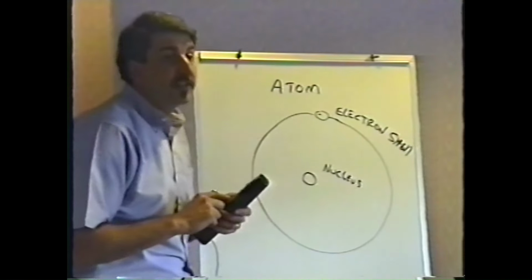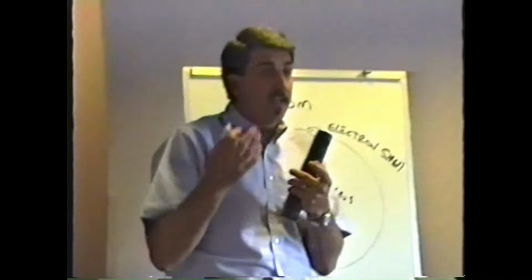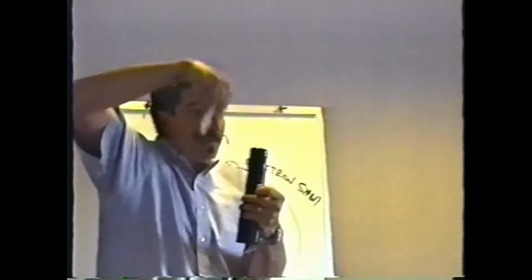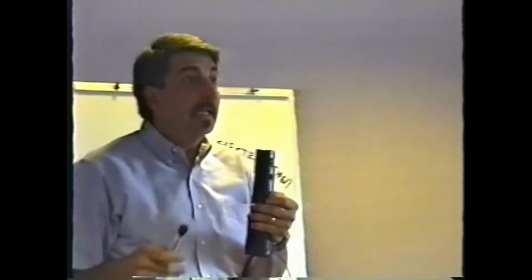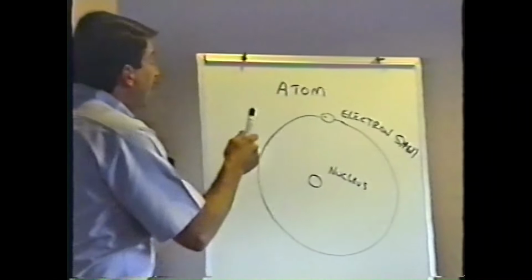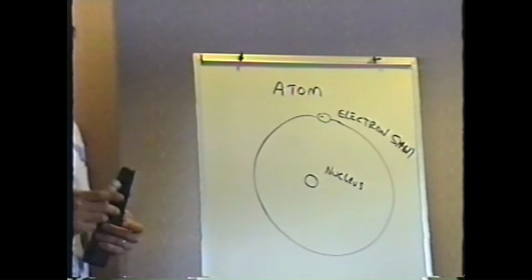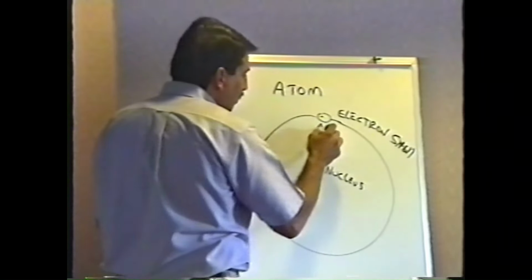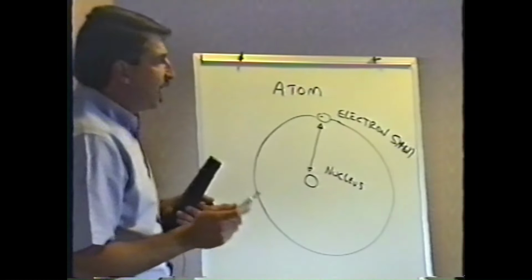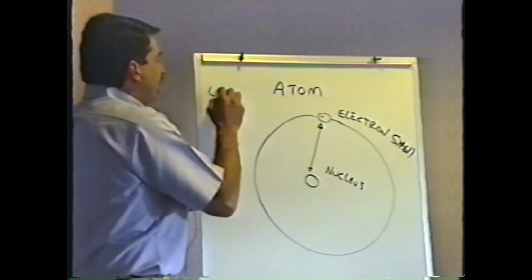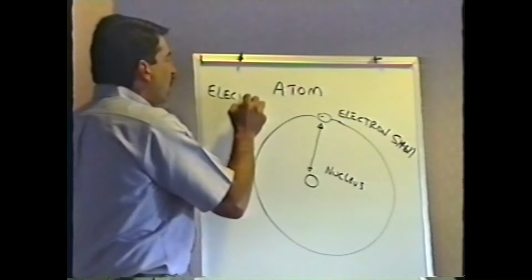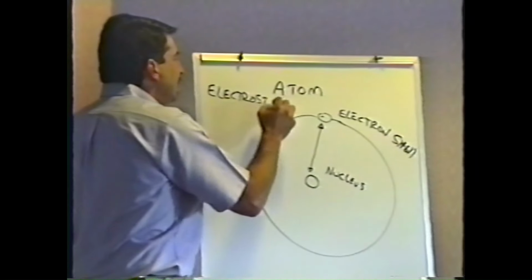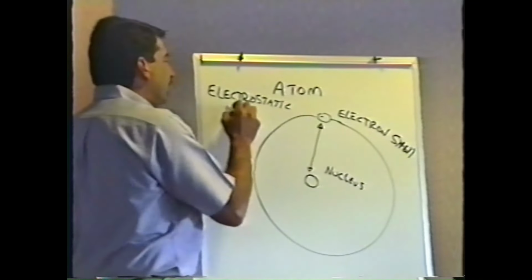Now, we know that in the solar system, there's this thing called gravity, and gravity is what keeps the planets in orbit around the sun, right? Well, in the atom, there's a slightly different type of force that keeps the electron in orbit around the nucleus. But it's not called gravity. In the atom, this force is called an electrostatic force.